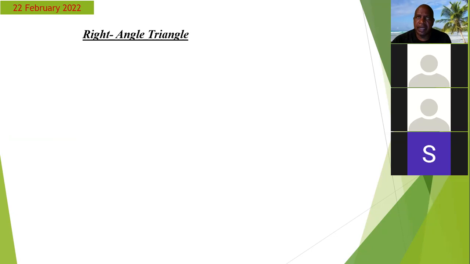Well, for a right angle triangle, what we notice is that, as Ms. Wasom would have said, one angle is measured 90 degrees. So that's one of the things that we use to identify a right angle triangle. And this little box denotes where the 90-degree angle is. So wherever you see this little box, that's where the 90-degree angle is.